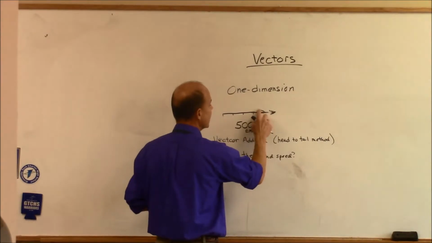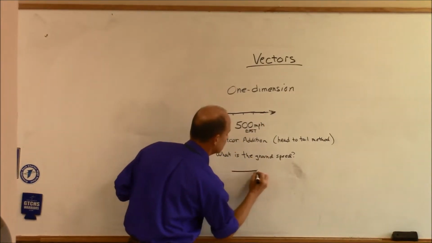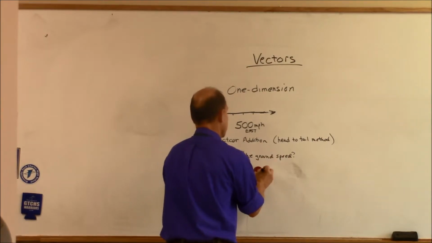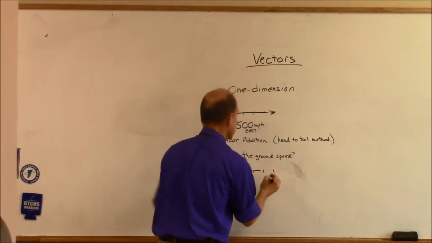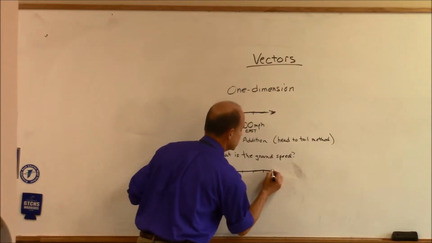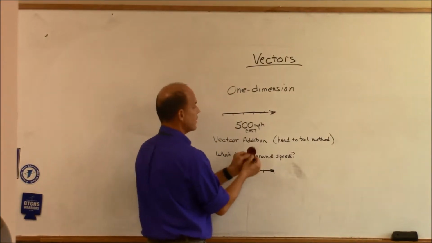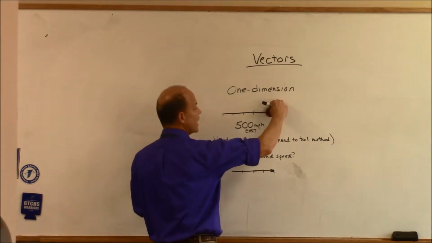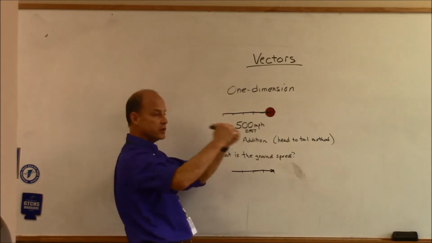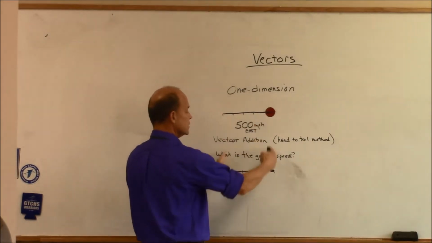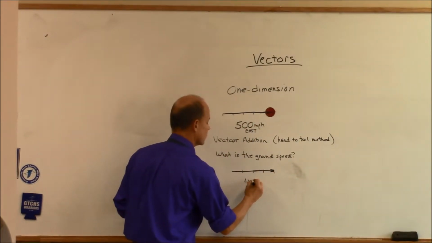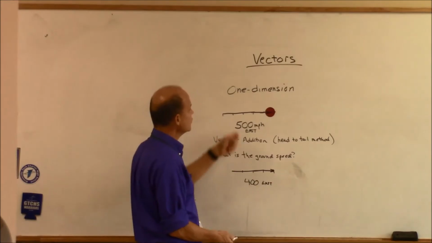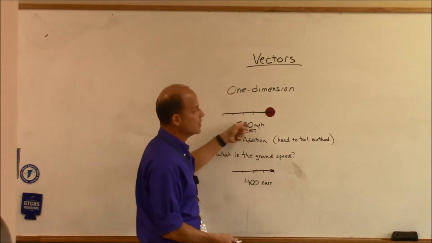The resultant vector is 1, 2, 3, a vector of magnitude 400 going that way. So this is my initial 500 east. Then I put head to tail, 100, the wind's going to the west. And so the resultant is 400 east. So this is a one-dimensional problem that we have solved using vectors.